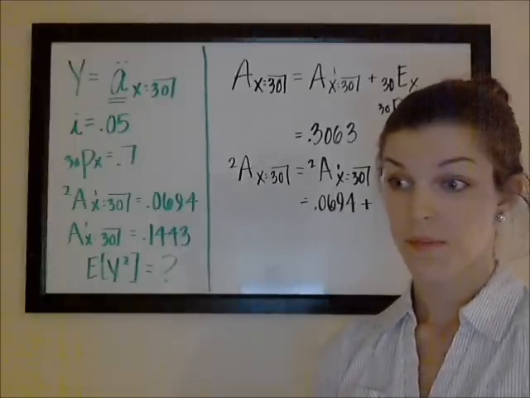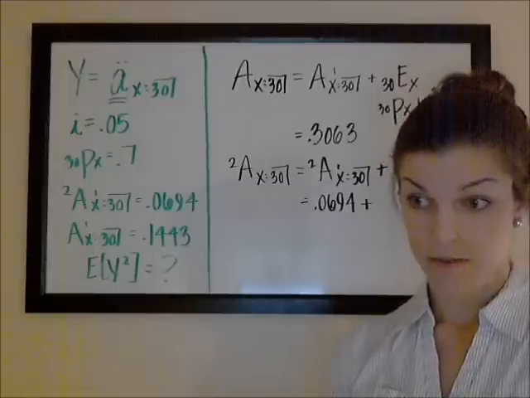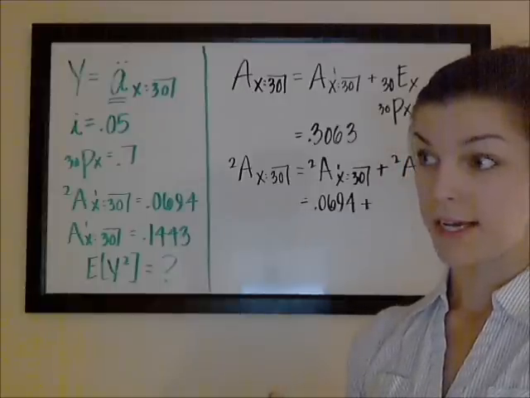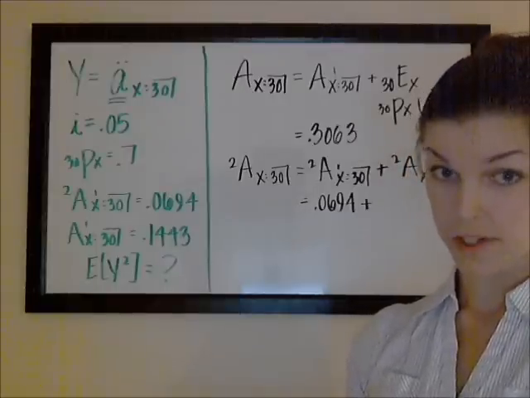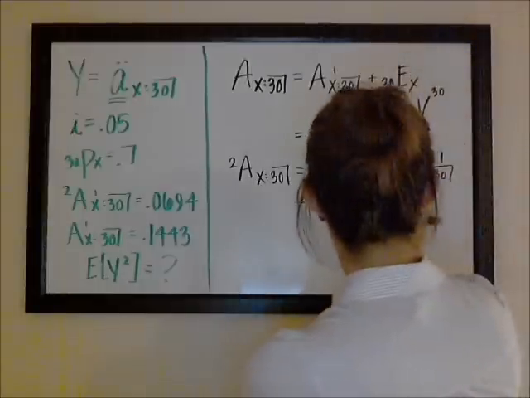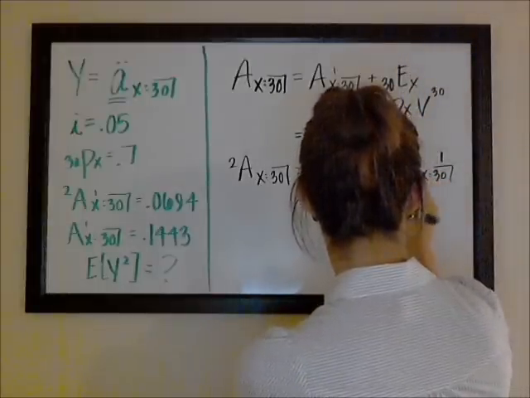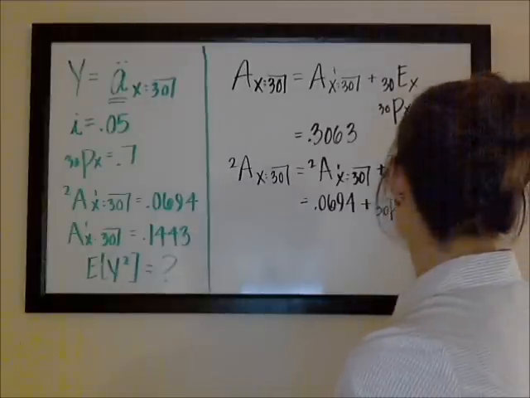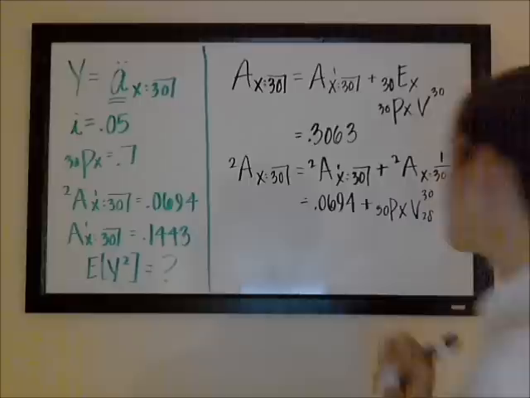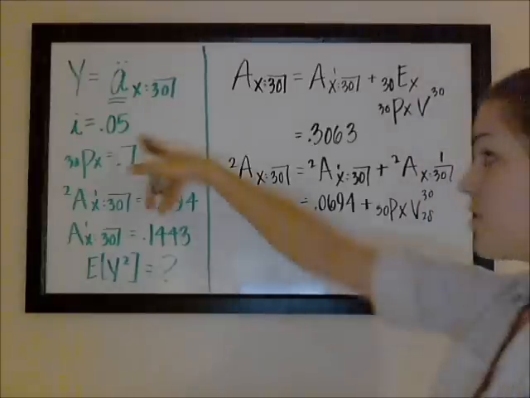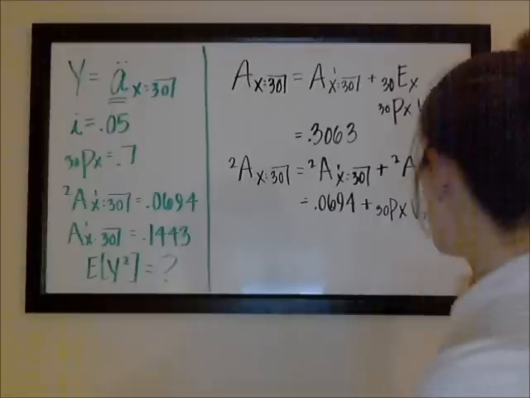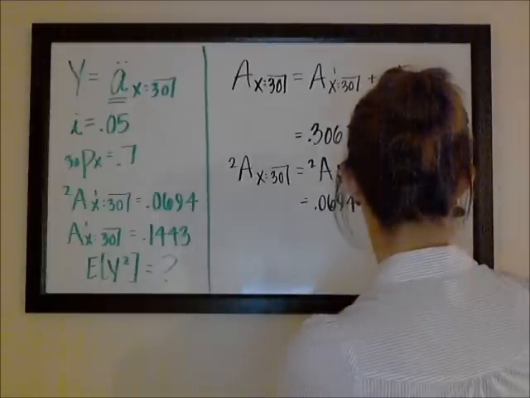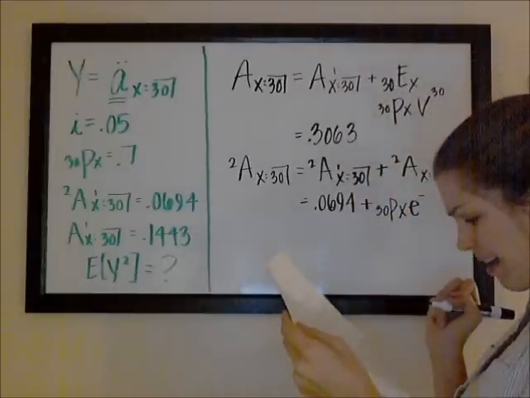Now, the second moment of the pure endowment insurance is going to be calculated the same way we calculated the actuarial present value of the pure endowment insurance, except we double the force of interest. So this is still 30PX, but now it's v^30 at 2 delta. So you can use i to solve for delta, and then discount with interest at twice delta.